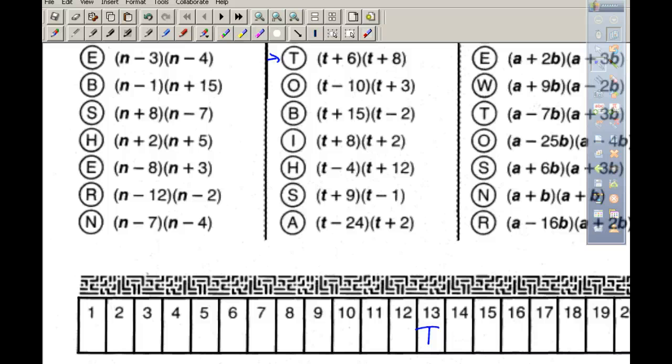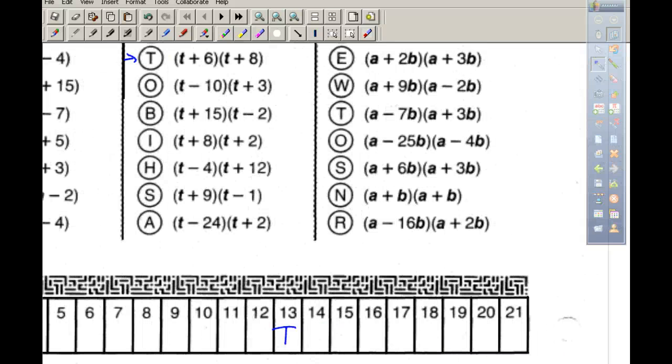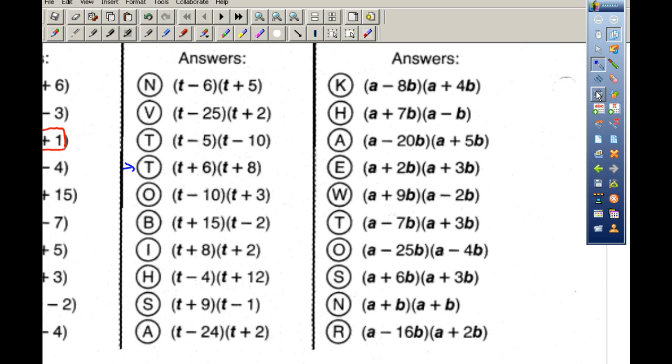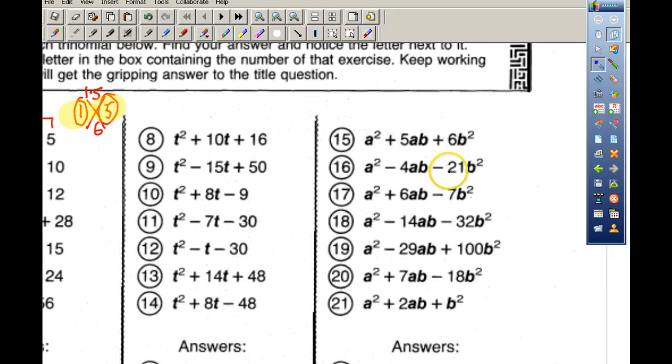One more maybe from the last column. Only thing different is that they have two sets of variables. So go to 19.